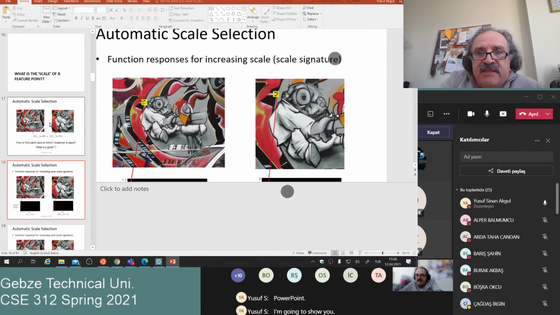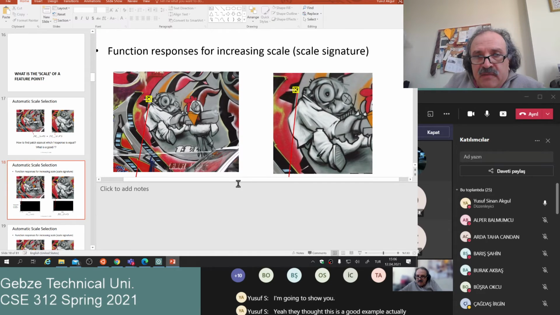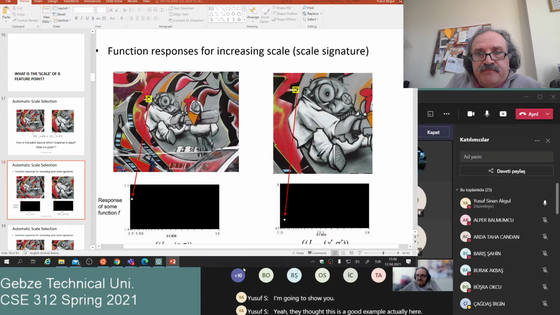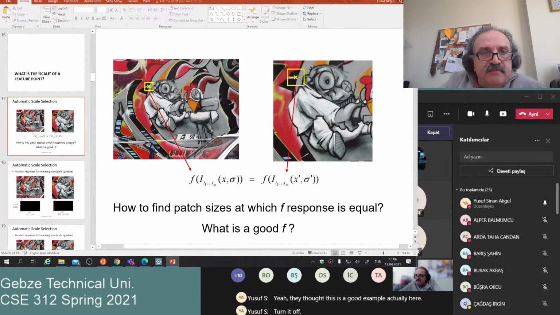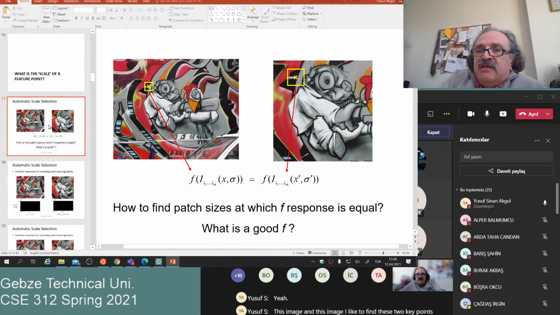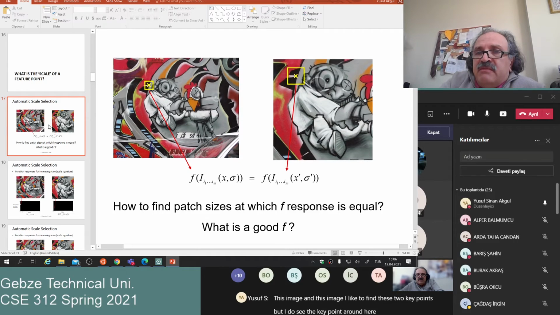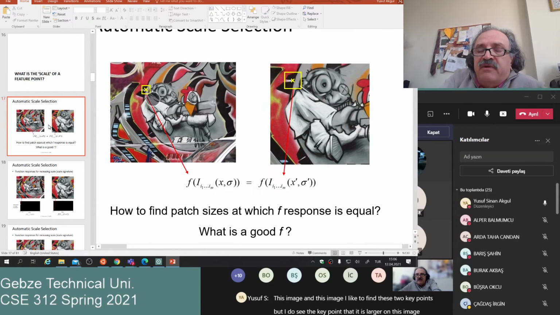So this is a good example actually here. Just turn it off. So, this image and this image, I like to find these two key points, but as you see, the key point around here is larger on this image but smaller on that one.